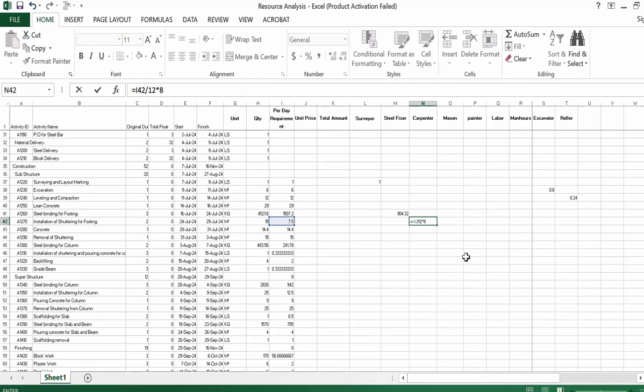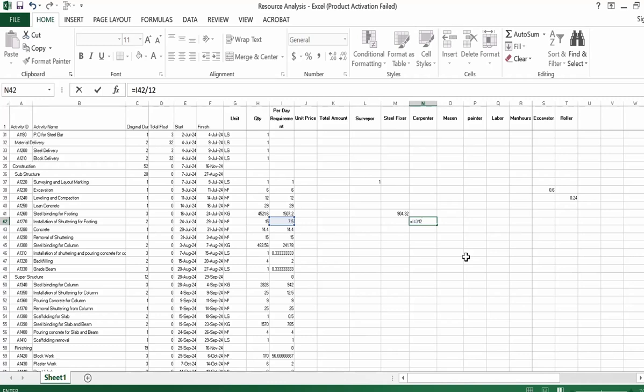You cannot multiply by 8 because I think one carpenter is enough to complete this activity in one day. So 12 square meter in one day, in 8 hours, one carpenter can do.